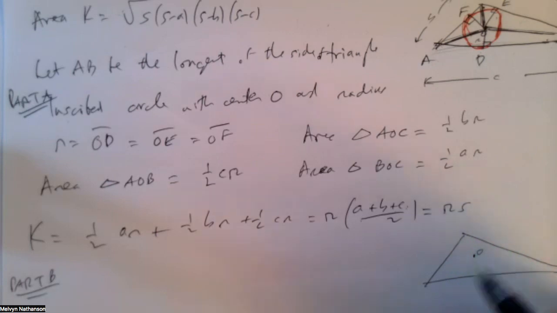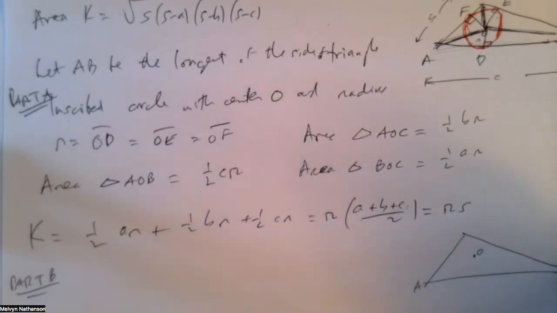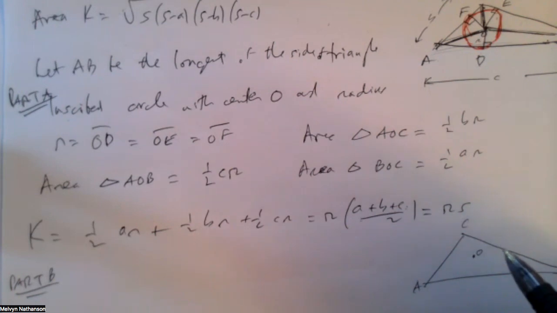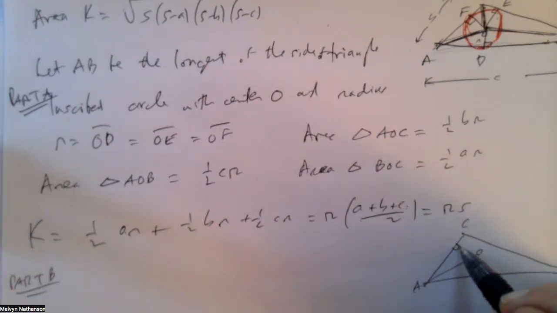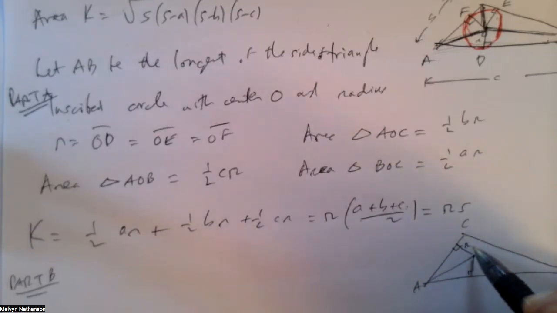This is the in-center. This is A, B, C. When I draw the perpendiculars to the sides, this is the radius of the inscribed circle.